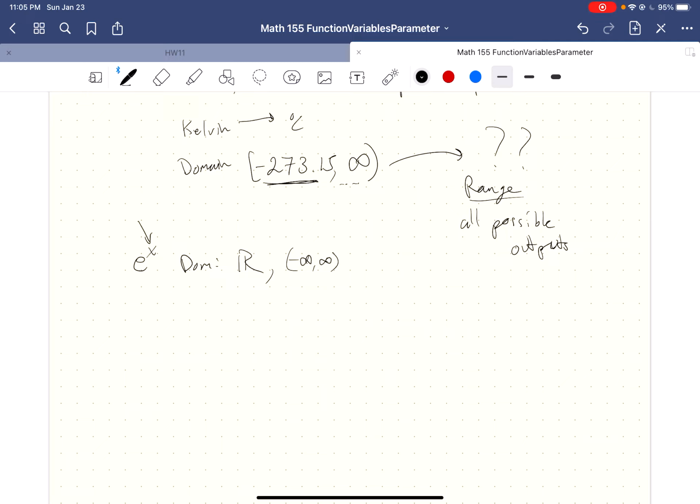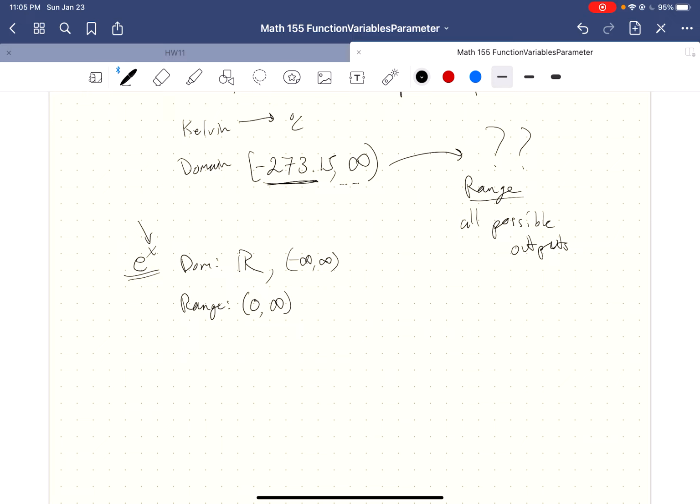But no matter what you use as an input x, it's totally well defined. You can compute e to the x. Okay, the range, however, this quantity, e to the x, is always positive. So I'm never actually going to touch 0. I'm always going to be positive.